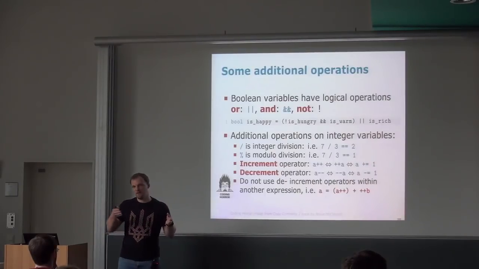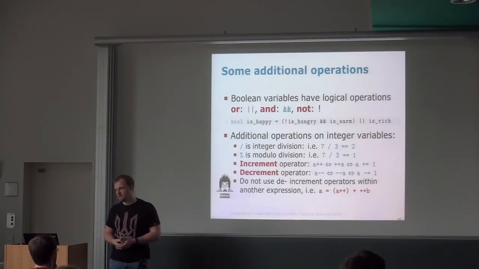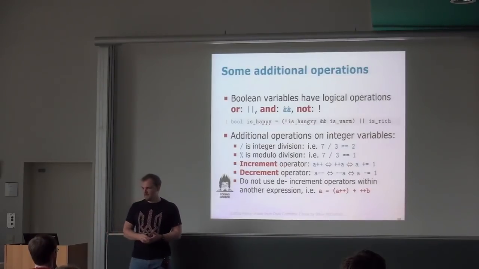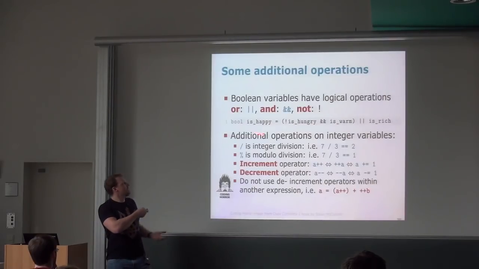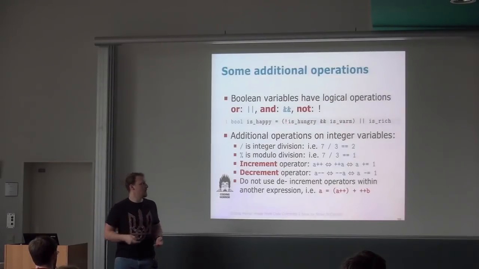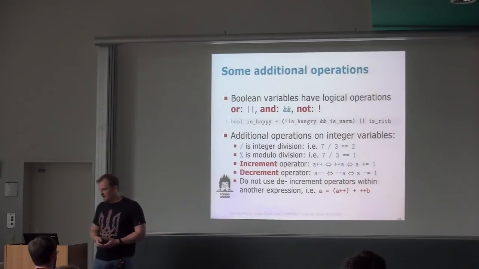If you have a false or a true, it's going to be a true, and so on. There are tables for that if you need to brush that up. For instance, I can be happy if I'm not hungry and warm, or I'm rich. Just a small example to catch your attention.